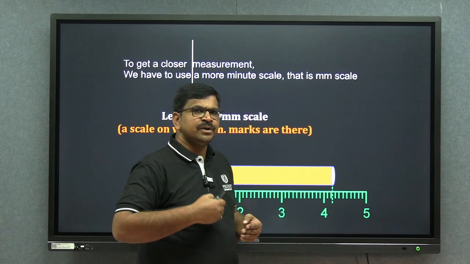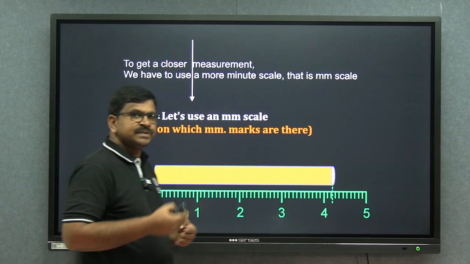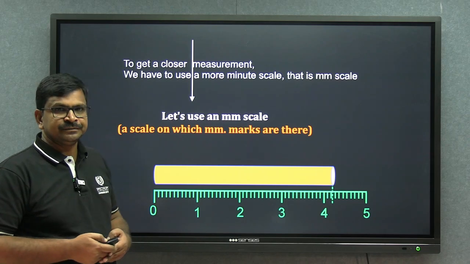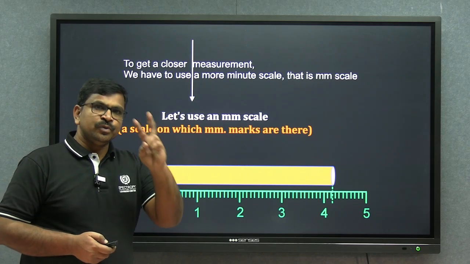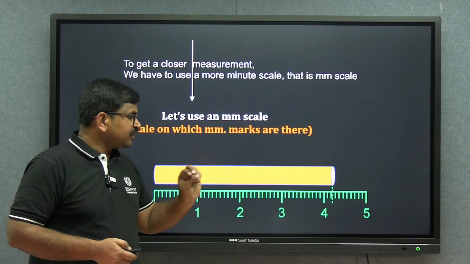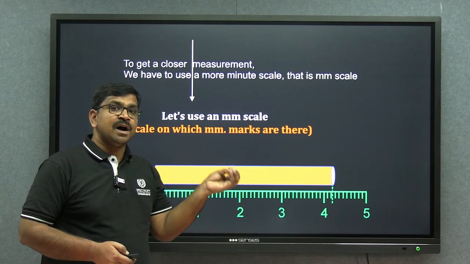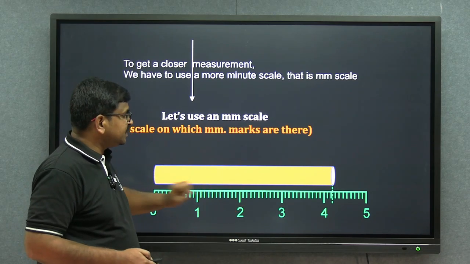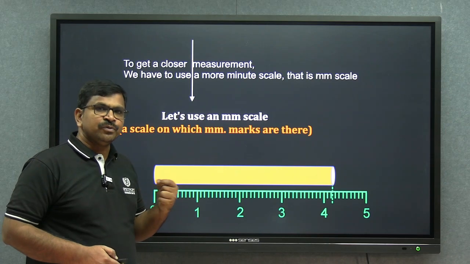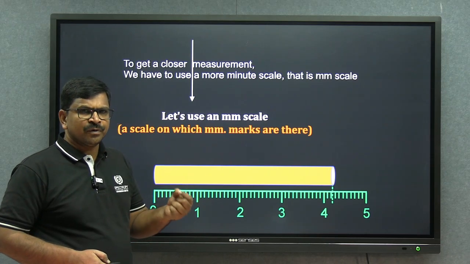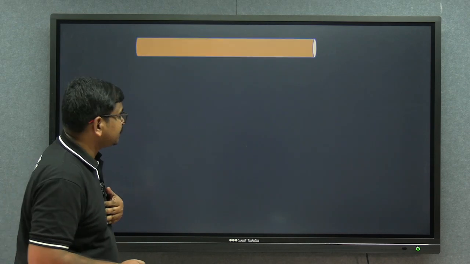It might be 4.23, it might be 4.26, it might be 4.28. So 4.2, two digits are certain here, and after 4.2, one more digit will be added based on our guess, that will be uncertain. So the measurement can be written as 4.23 or 4.24 or 4.26.